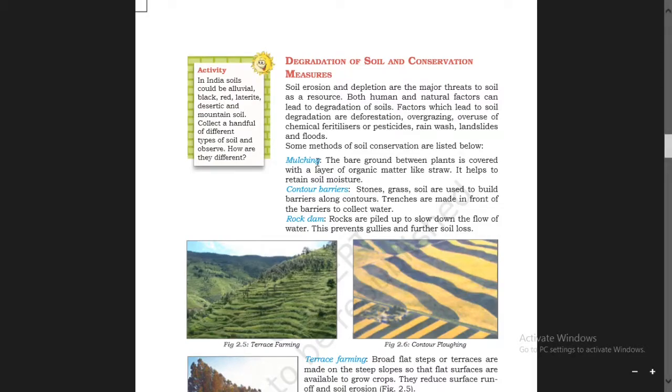Mulching. The bare ground between plants is covered with a layer of organic matter like straw. Mulching means, you see here, in such case, the bare ground between plants is covered with a layer of organic matter like straw. It helps to retain soil moisture.